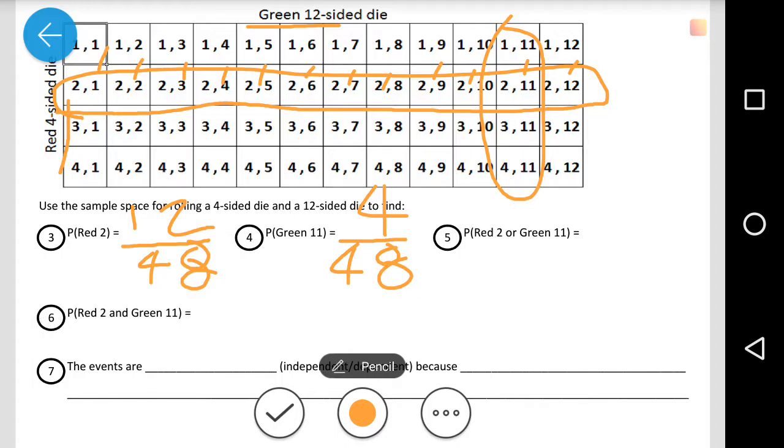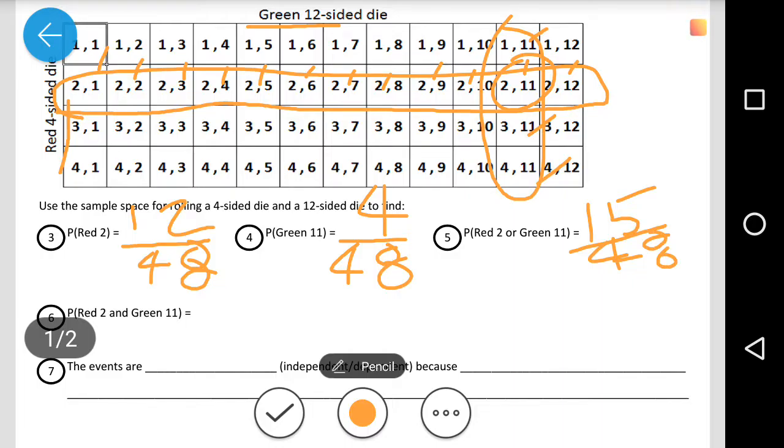But I also have to count the possibilities where I have a green 11. So that's 13, 14, 15. And you'll notice that I skipped 2 and 11. I have an 11 there, but I already counted that. So my probability is 15 out of 48.